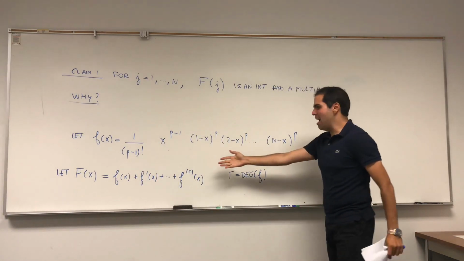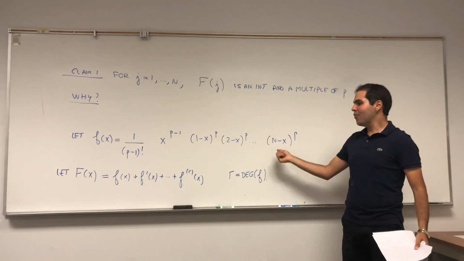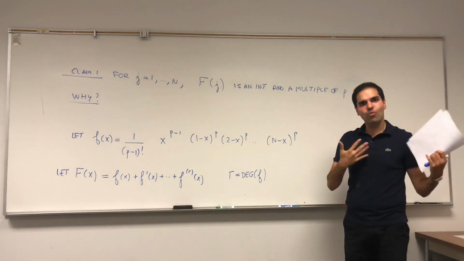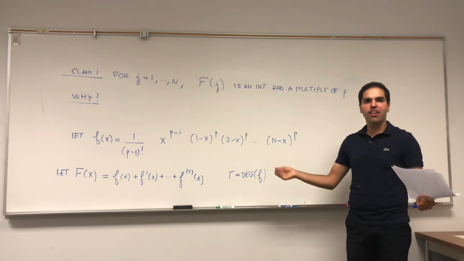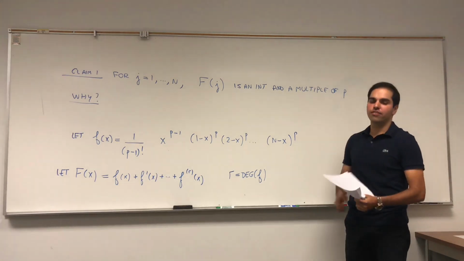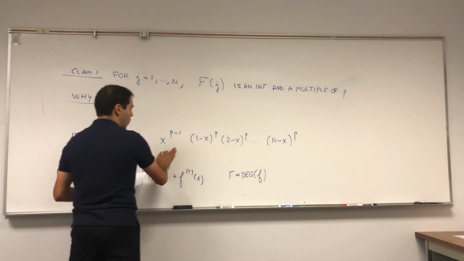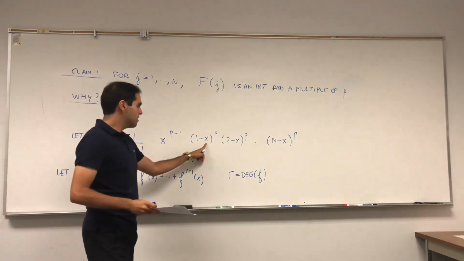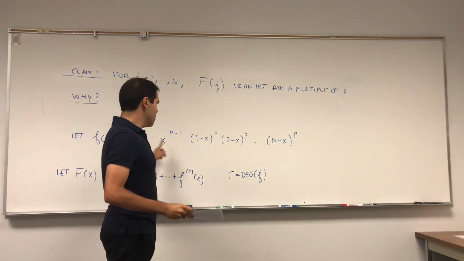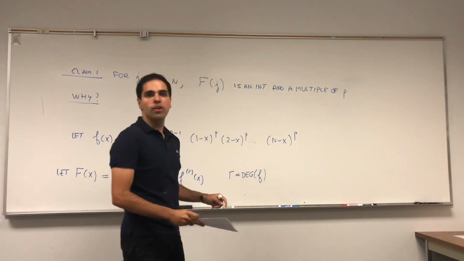So remember, F involves sums of derivatives of f's. And the question is, on the one hand, what happens if we just take a couple of derivatives? And on the other hand, what happens if we take a lot of derivatives? So, why did I build f like that? Notice that this polynomial has roots at 1, 2, 3, up to n.